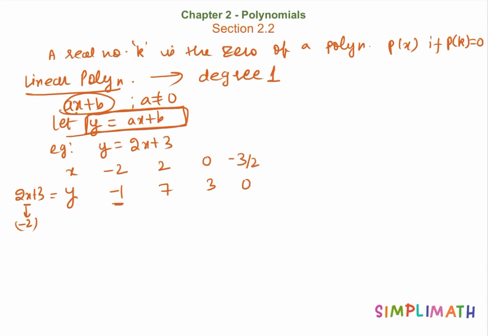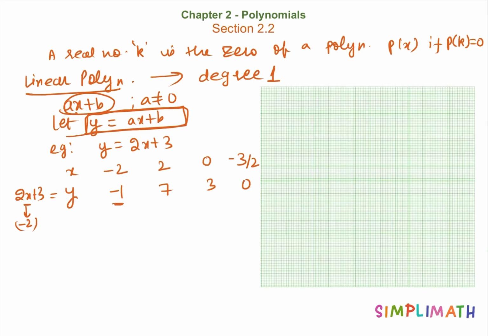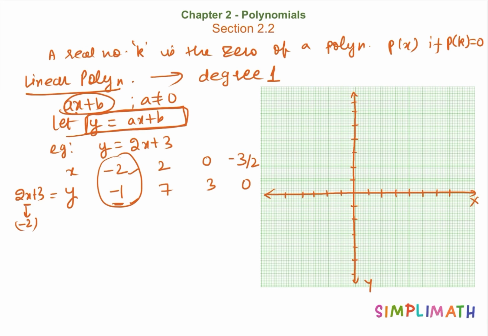Now let us plot these points on a graph. We have a graph chart here. This is the y-axis, and let us plot the x-axis. If x equals minus 2, then y equals minus 1. So this is the point.